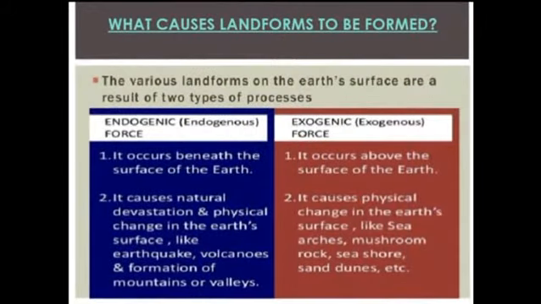Basically, scientists have defined two processes that can create various types of landforms on the surface of the earth. They have named them endogenic or endogenous forces, and the other one is exogenous or exogenic forces or movements.